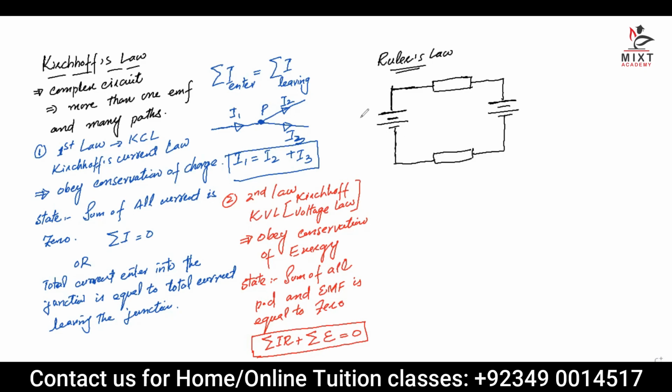So this is our EMF 1 and this is my EMF 2. This is my resistance 1 and this is my resistance 2. Now the first question: according to which EMF will I take the direction of current, EMF 1 or EMF 2?